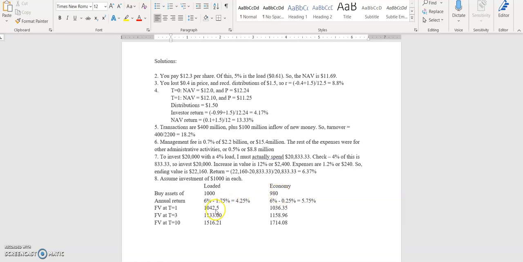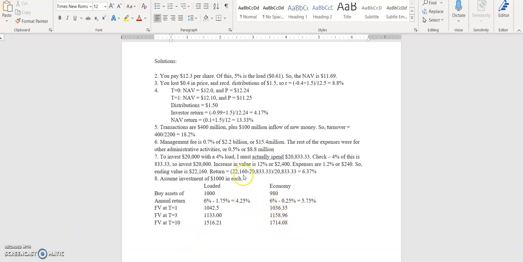Okay, but because this load is only paid once, if you have a long horizon, you can amortize that fixed cost over multiple years. Okay, so then that cost becomes very small, but then the savings in lower expense ratio is more significant. So then you end up with much greater values.